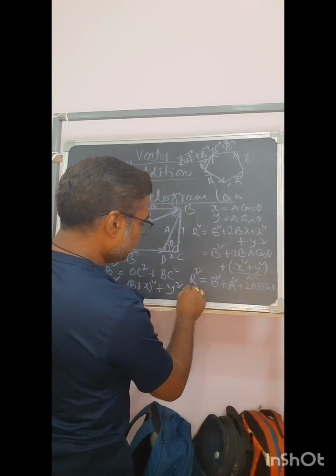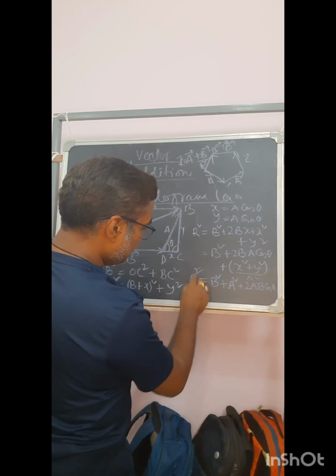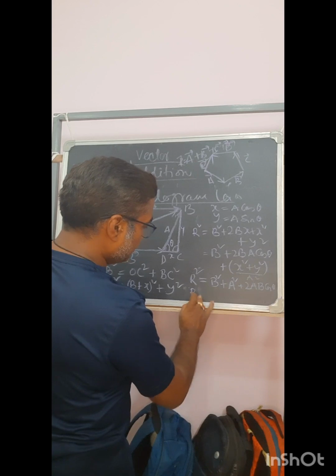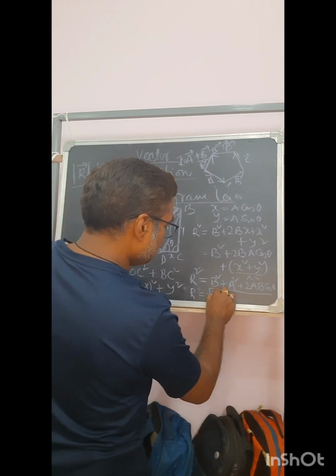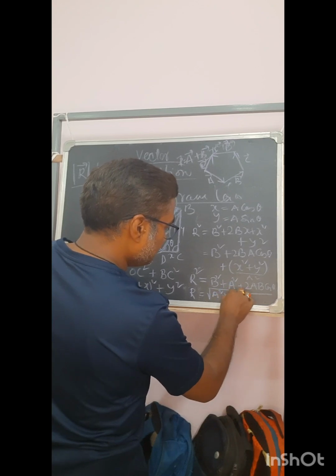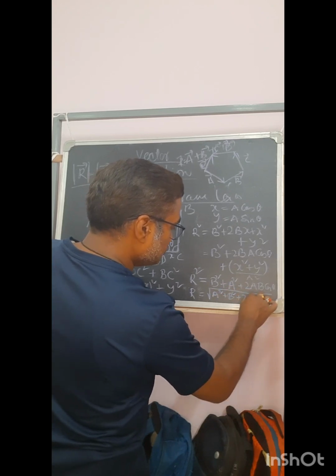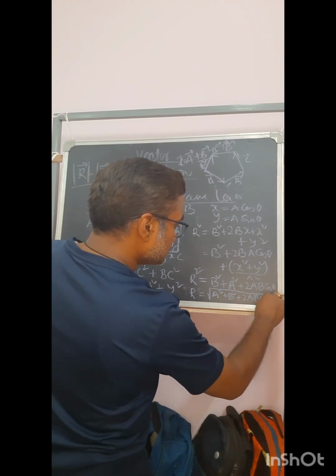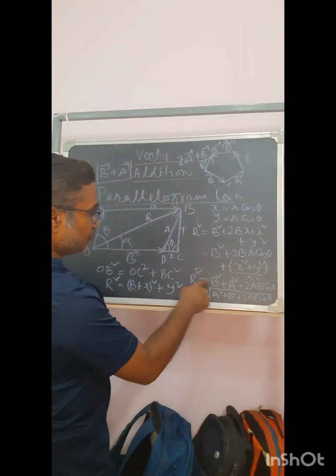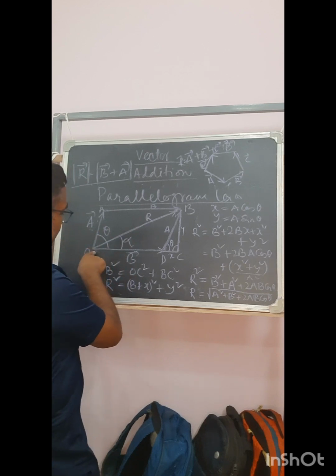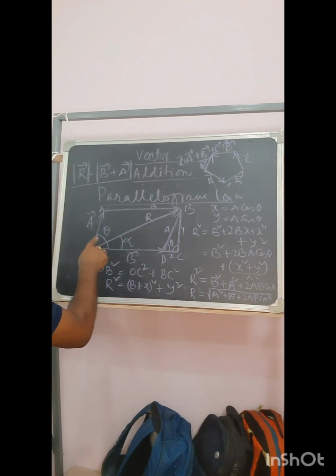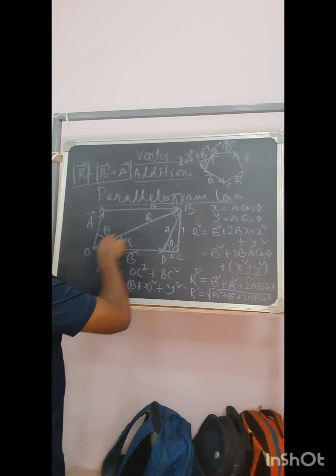Here the resultant R, I need not write R because I am already doing the numericals. So R is nothing but the square root of a square plus b square plus 2ab cos theta. If two vectors are represented by the sides of a parallelogram taken from a single point, the resultant will be the diagonal from the same point.